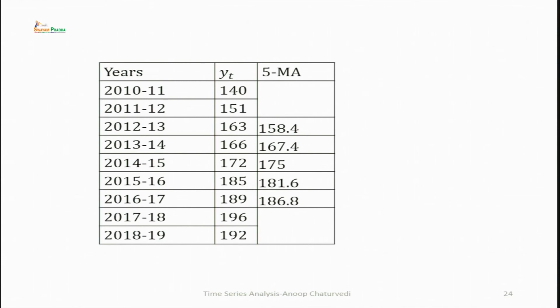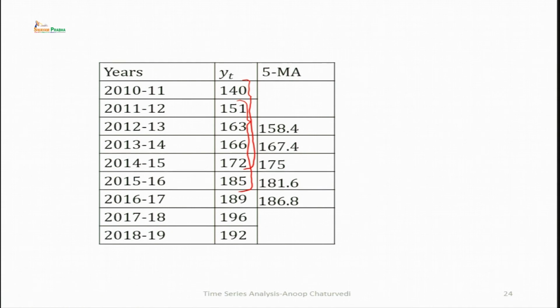Similarly, you can take 5 period moving average also. Here you have started from the first observation, you went up to the 5th observation. You take average of these 5 observations. You start from here, you go up to this point. You take the average and then write here and so on.